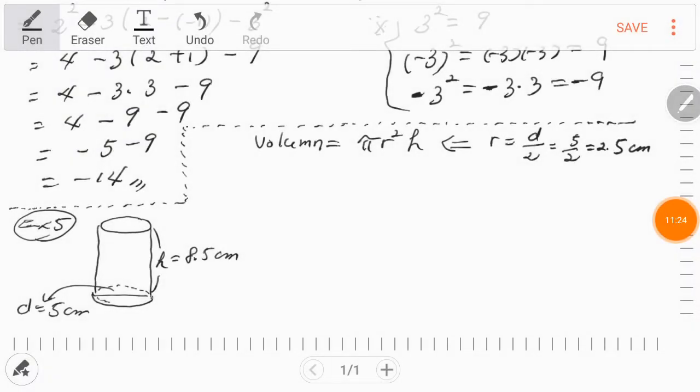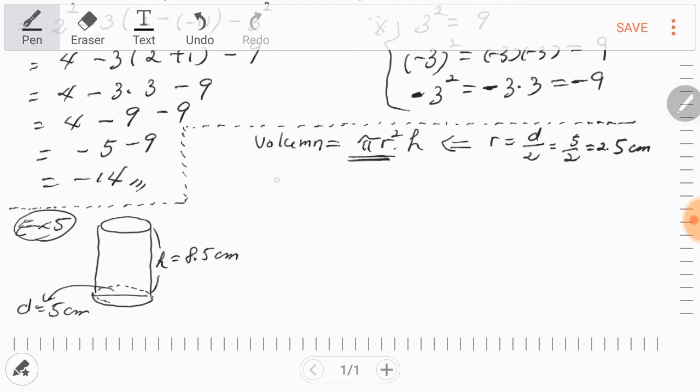Example 5 is about finding the volume of a cylinder. The base has diameter 5 and the height of the cylinder is 8.5 centimeters. The formula for the volume is pi r squared times h. Pi r squared is the area of the bottom of the cylinder, and the height is also in centimeters.